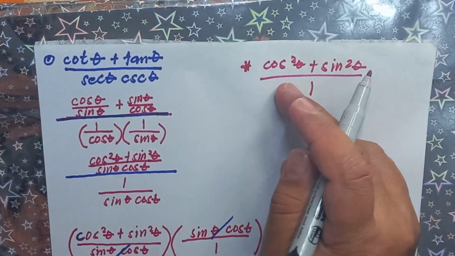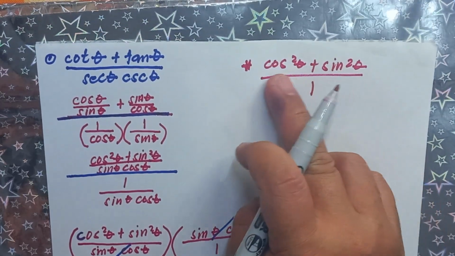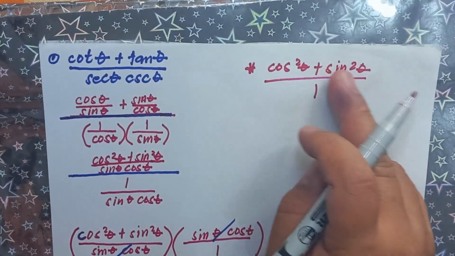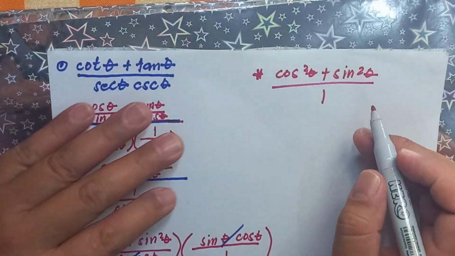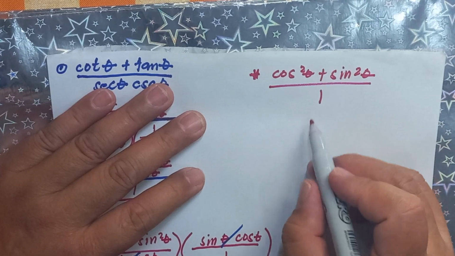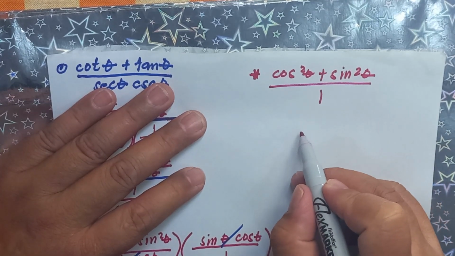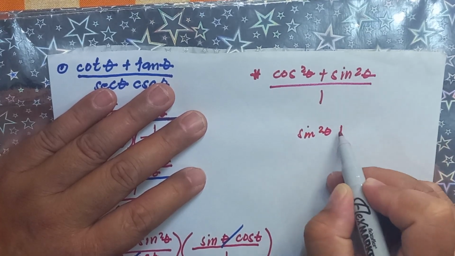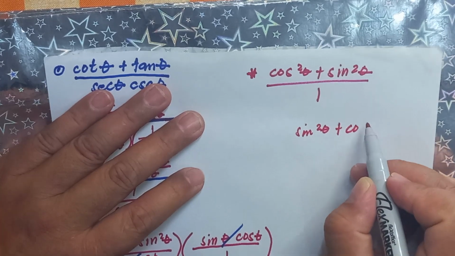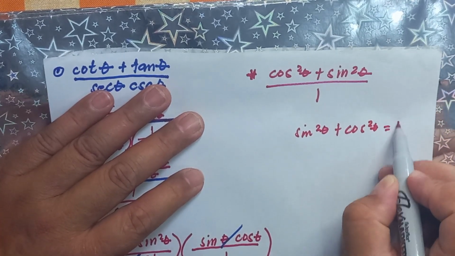But you will notice this sine squared theta plus cosine squared theta, or cosine squared theta plus sine squared theta, is the same as the Pythagorean identity. Now, what is our Pythagorean identity? You have to recall that one. Pythagorean identity: sine squared theta plus cosine squared theta is equated to 1.